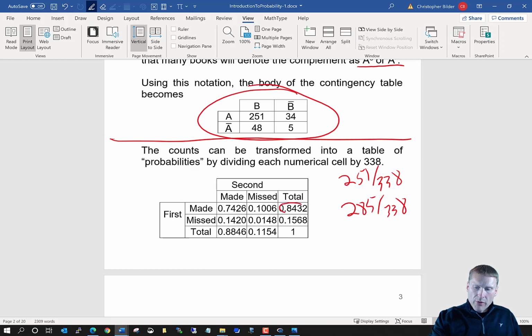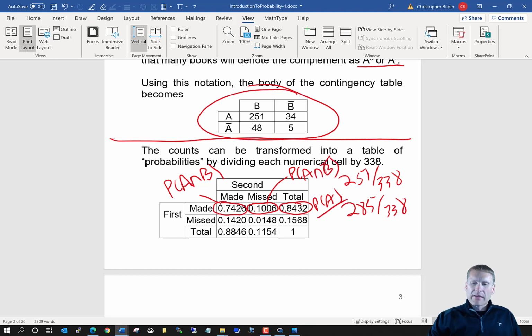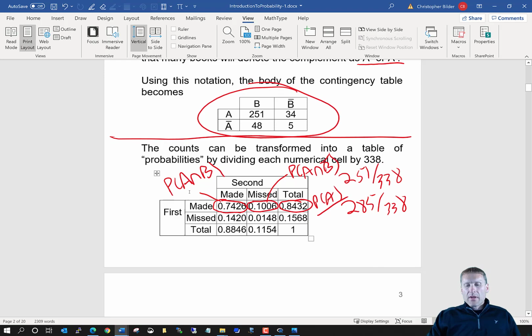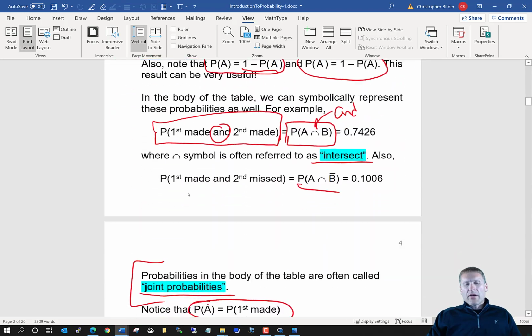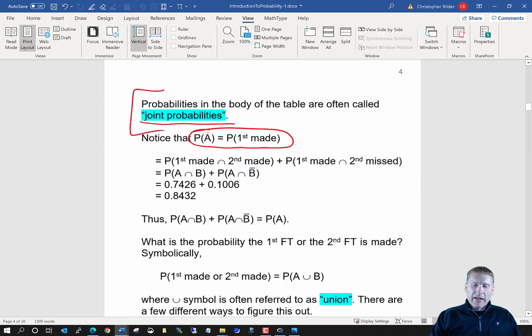So here is the probability of A. That's simply adding the probability of A intersect B and the probability of A intersect B bar, and we get from that the probability of A. So that can be a very useful item to understand, that we can take this marginal probability and write it out in terms of some joint probabilities as well.